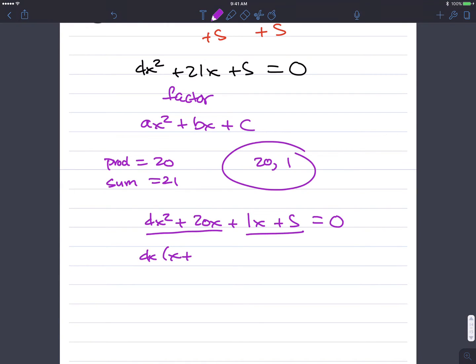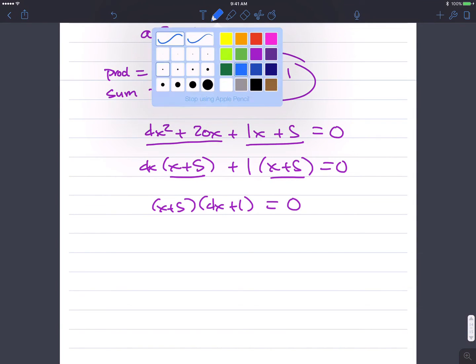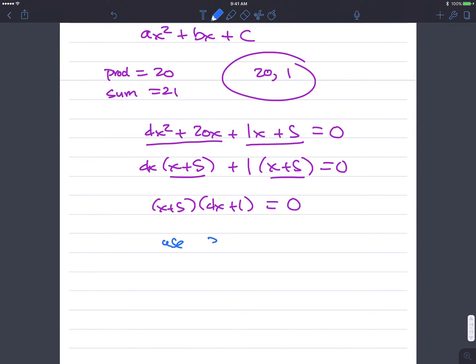For x plus 5, 1, x plus 5, common term. So we get x plus 5 times 4x plus 1, and then that's 0. Use the zero product rule.